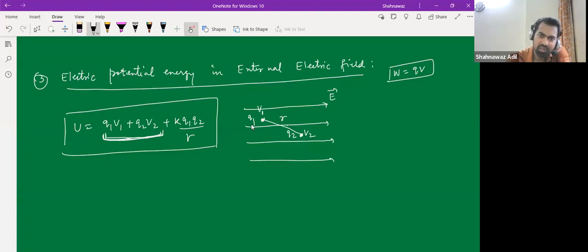And then you have this internal interaction between Q1 and Q2 charges. So due to this, we know that this is the potential energy. But due to the external electric field, there would be some extra work done, Q1 V1 and Q2 V2. So these will also add up in the potential energy part.